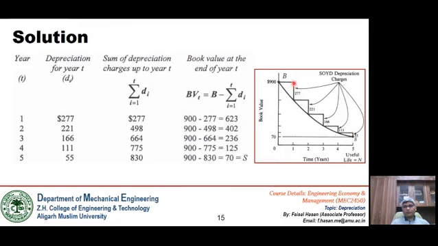That is because we have larger depreciation amount in the initial stages, like 277 is the depreciation during year 1, 221, 166, and as we come nearer to the depreciable life, the depreciation amount gets reduced. So that is basically the beauty of the SOYD method, or the methods in which we are having accelerated depreciations.